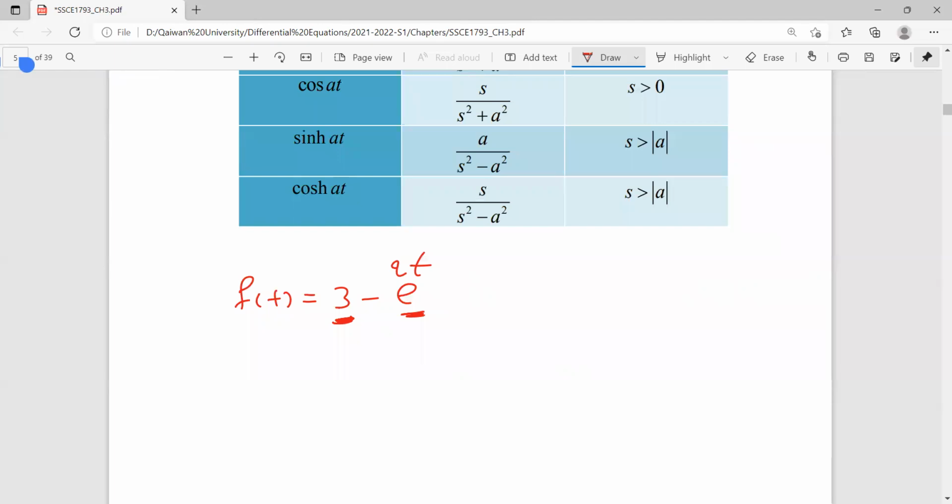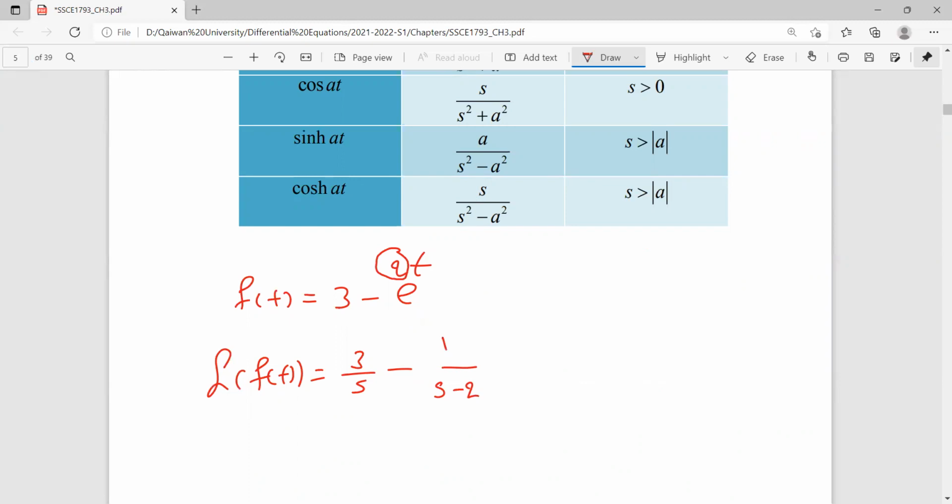The Laplace transform for 3: we say the Laplace transform of any constant is the constant divided by s. And the Laplace transform of an exponential function is 1 over s minus a. A is the coefficient of t, which is 2. This is the result.